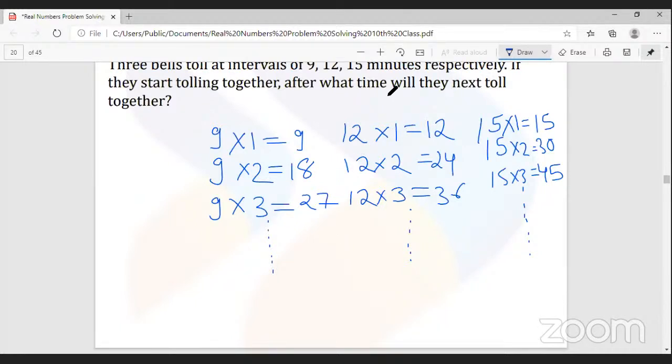And for the second bell, it will toll first after 12 minutes, then 24 minutes, then 36 minutes, and 15, 30, 45 for the third bell. Right? So what are these? These are multiples. And we have to find when these three bells will toll together. So we have to find their common multiple.